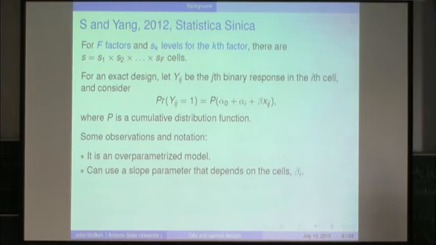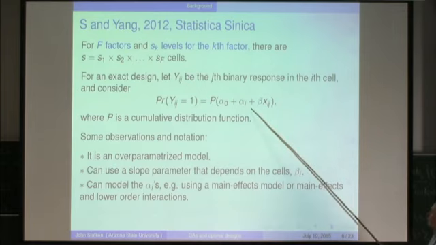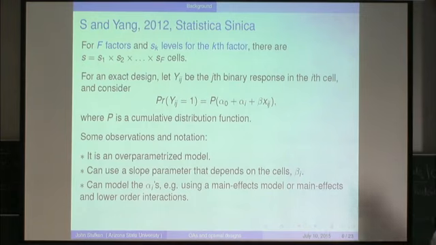As I just pointed out, you can use a beta i over here, which actually we did in the paper, but I'm not really going to use that in this talk very much. You can model these alpha i's. I have now one alpha i for each of the cells, but of course I can model them using main effects and maybe main effects and two-factor interactions and so on. And so I can simplify the model in that way.